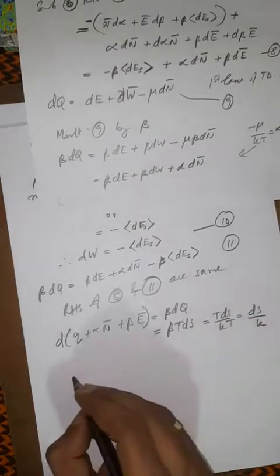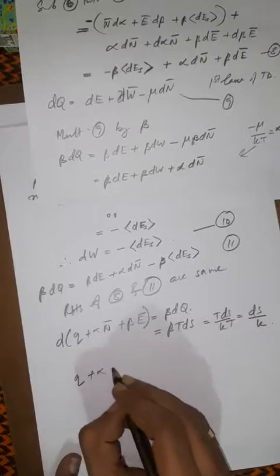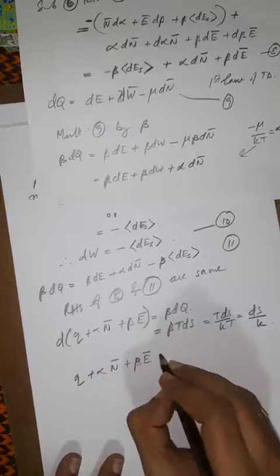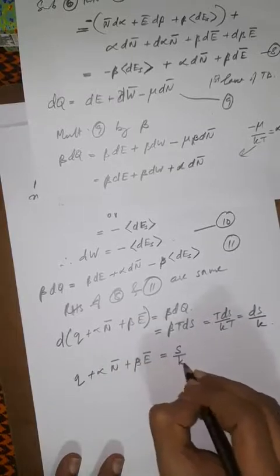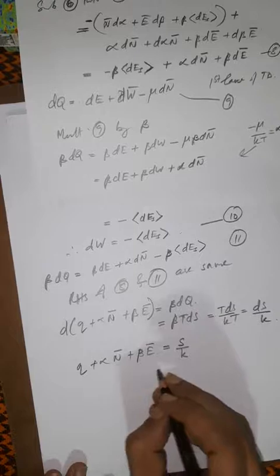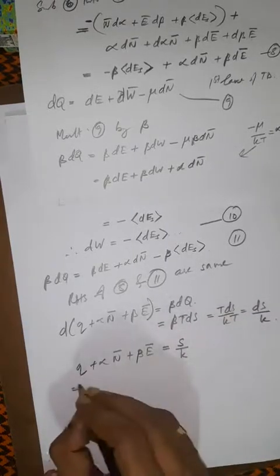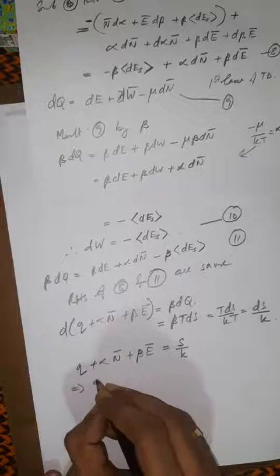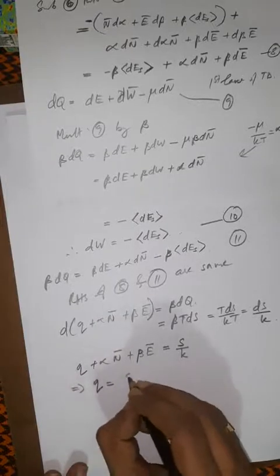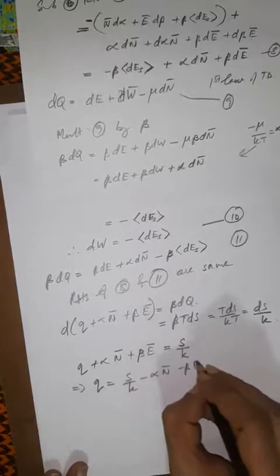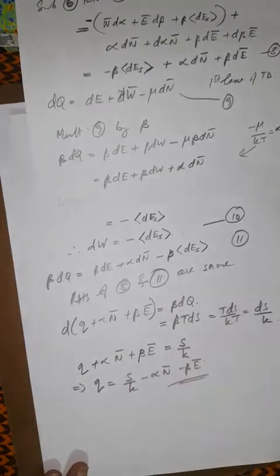Therefore I can write q plus alpha n bar plus beta e bar is equal to S by k, or q is equal to S by k minus alpha n bar minus beta e bar.